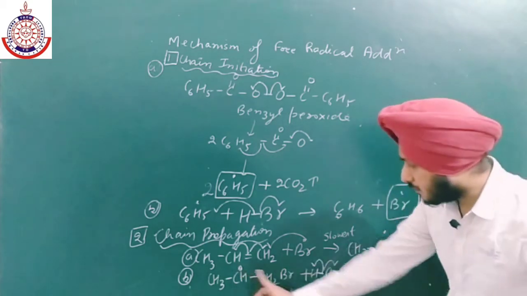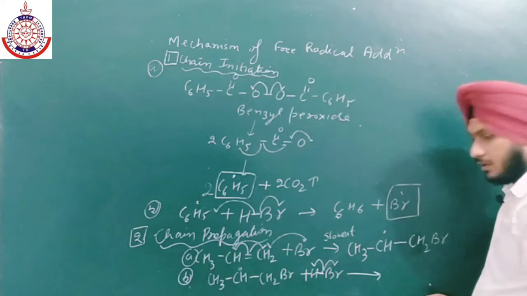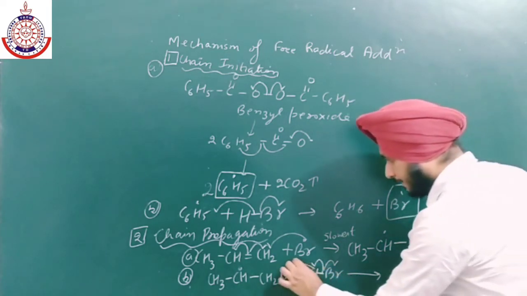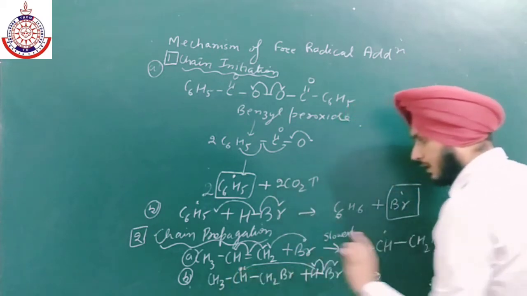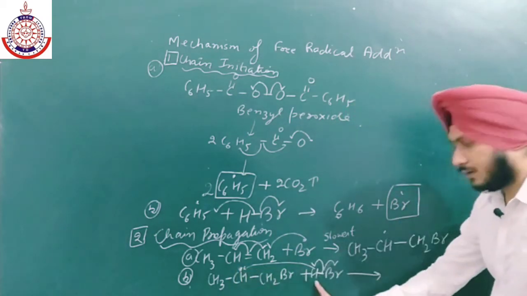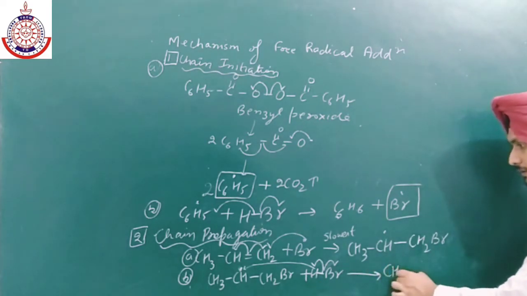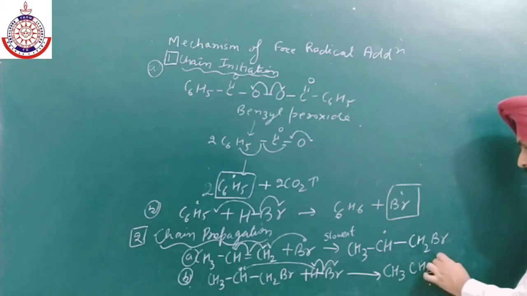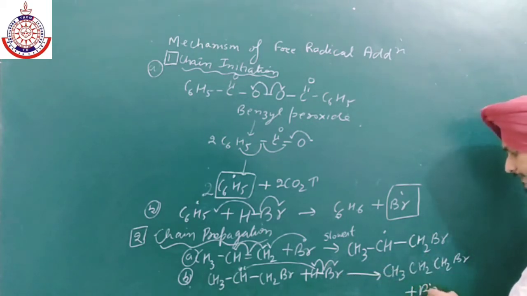Now this one electron and H radical will form a bond, because we are having one electron on CH and similarly one electron over here, so they will form a bond and we will get the product CH3CH2CH2Br plus Br radical again generated.